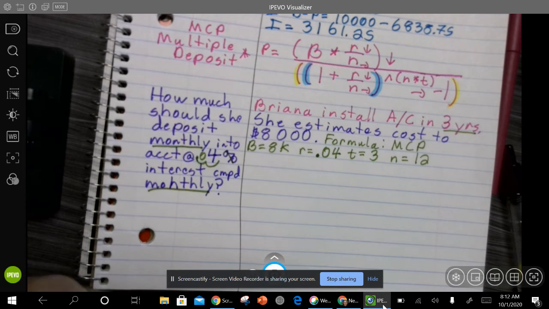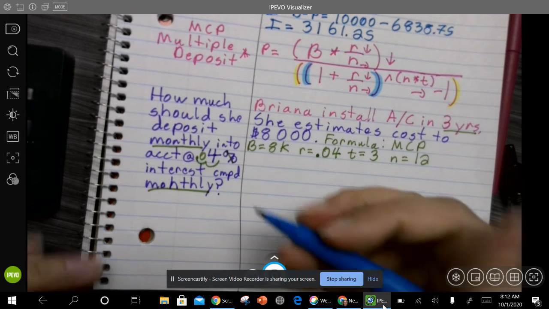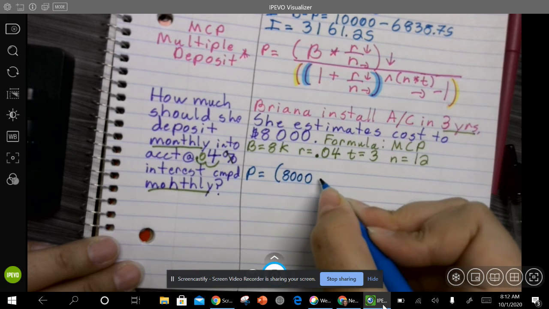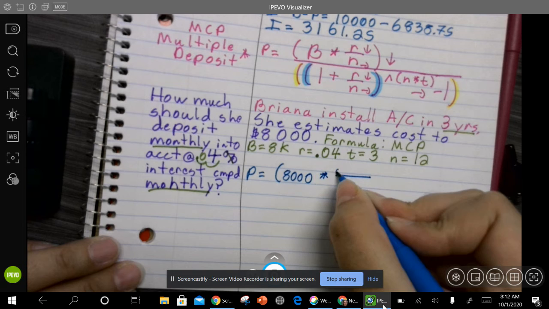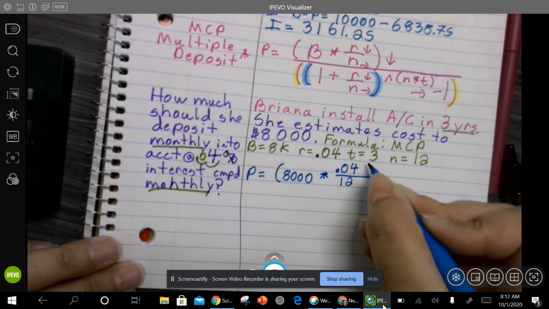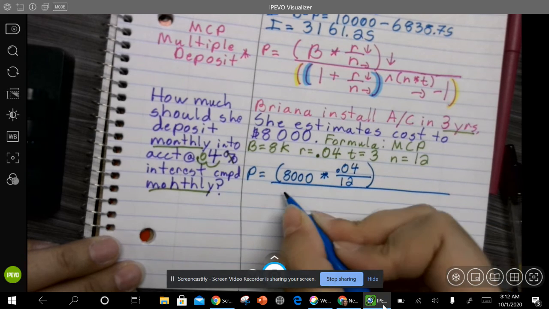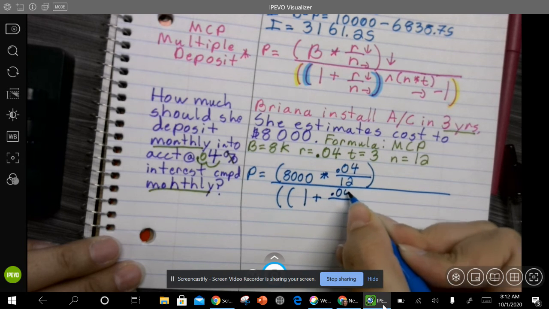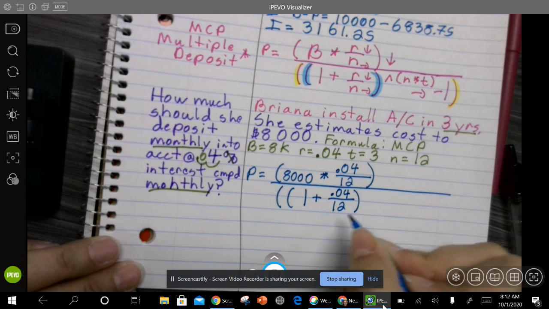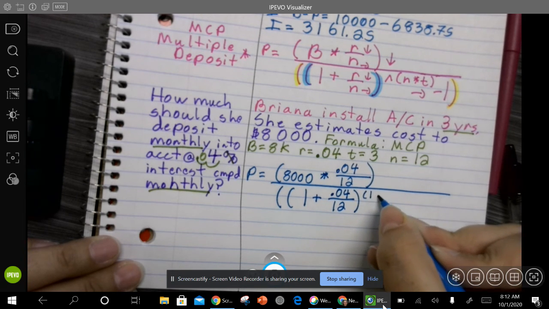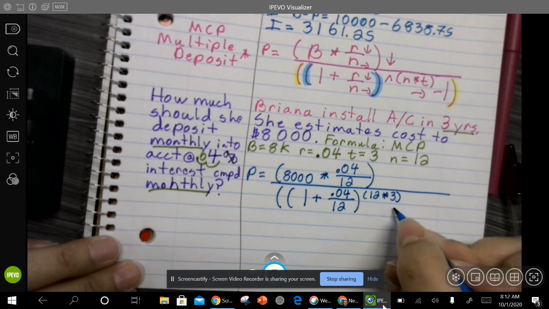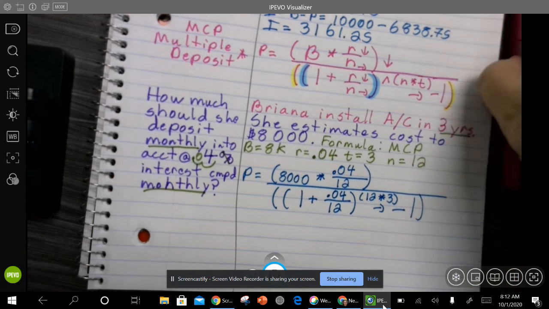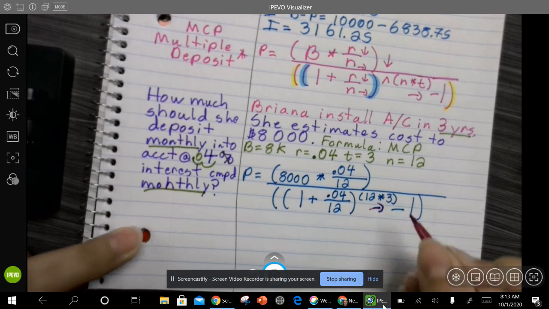So it's going to be principal is equal to our $8,000 times our rate divided by number of times compounded, so 12, okay, all over, double parentheses, 1 plus the rate divided by number of times compounded, so 0.04 divided by 12, raised to the 12 times the time, which is 3 years, minus 1, okay, make sure everybody you do that, scroll to the left on this one.